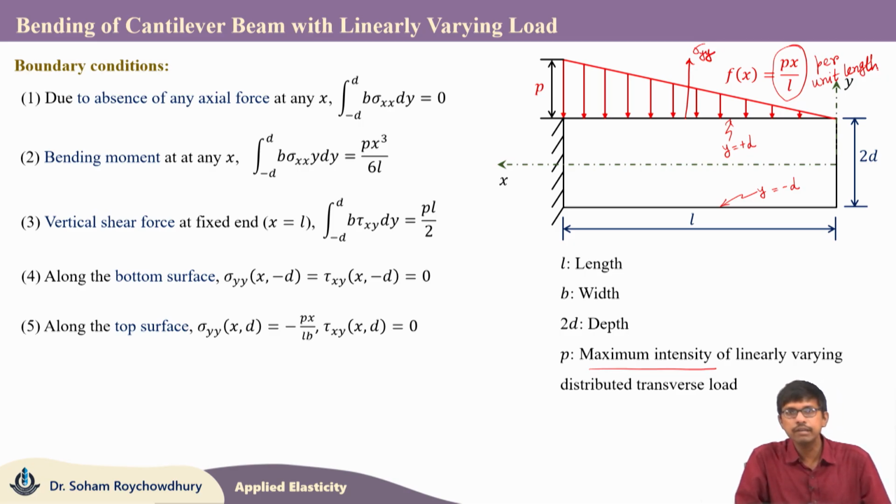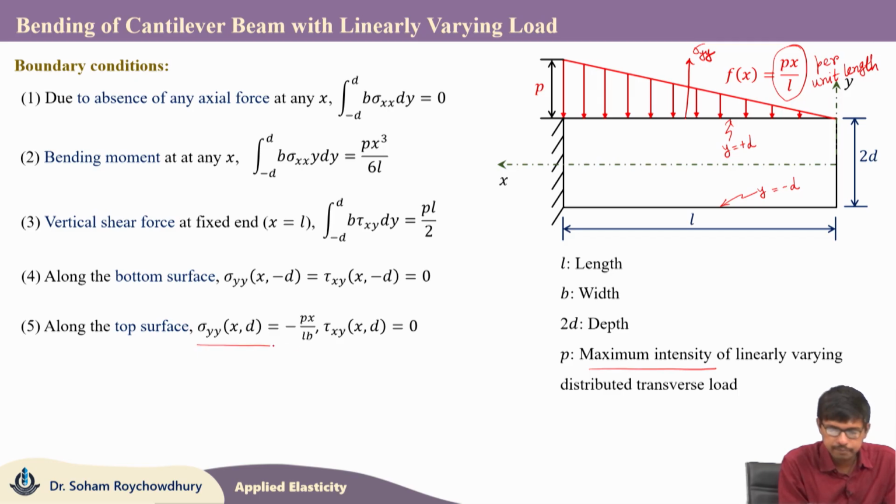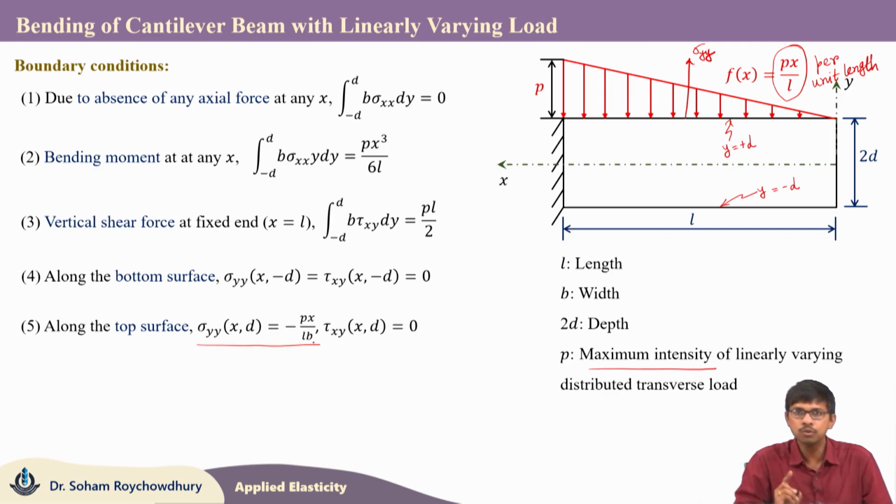So, sigma y y for the top plane y equals plus d, for any value of x, would be equal to minus p x by b L. Why minus? Because p x by L is acting downward, whereas sigma y y for the top plane is acting upward. So, that is why a minus sign is coming, and tau x y is 0 for the top plane because no shear traction is there on the top face.